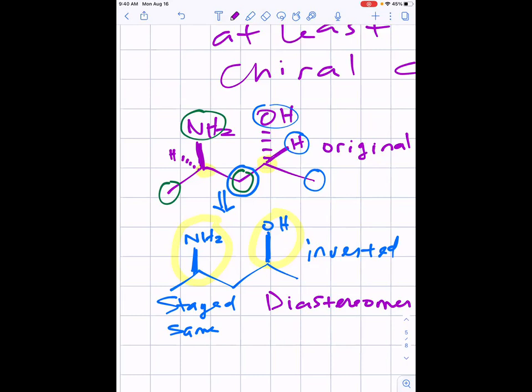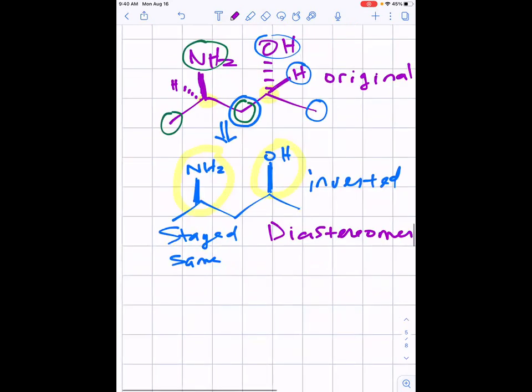All right, questions. All right, so another piece of information that we can get from this is the fact that you have two chiral centers present. And what that means is that there's a way to determine how many actual stereoisomers are possible, right? So we can determine that with a little formula.